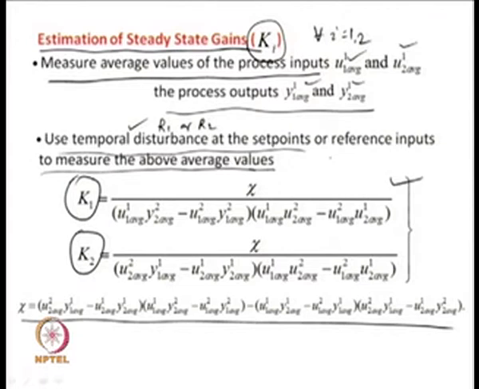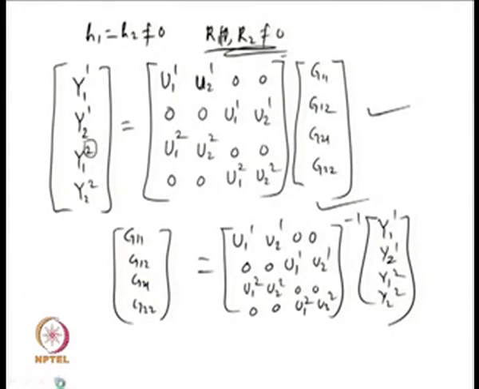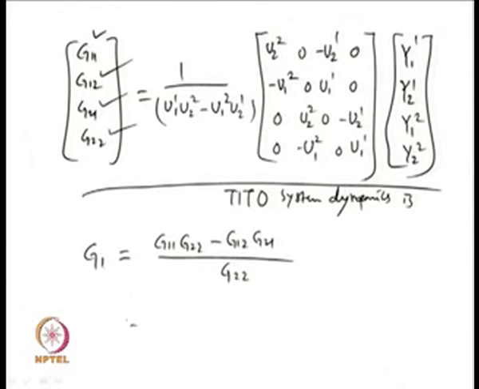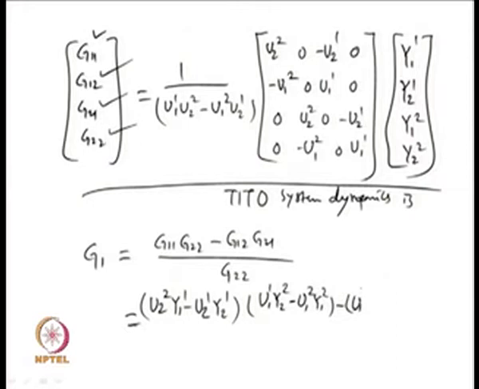this expression for K1 and K2. How do you get it? After the substitution, basically G1 will result in (U22 Y11 minus U21 Y21) times (U11 Y22 minus U12 Y12) minus (U11 Y21 minus U12 Y11) times (U22 Y11 minus U21 Y22).